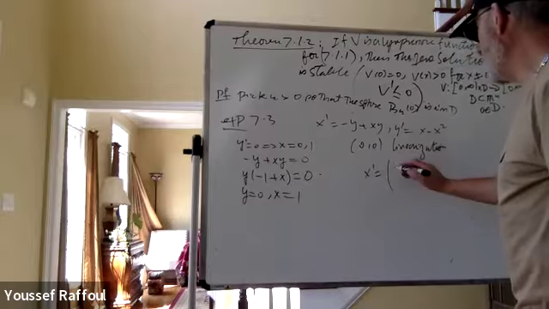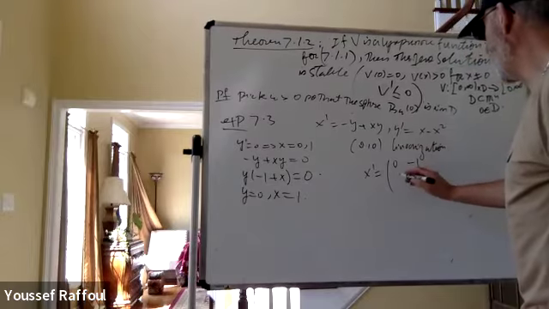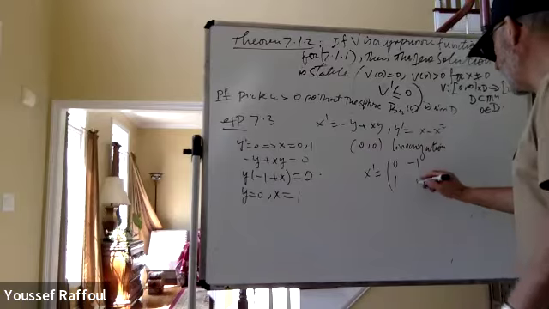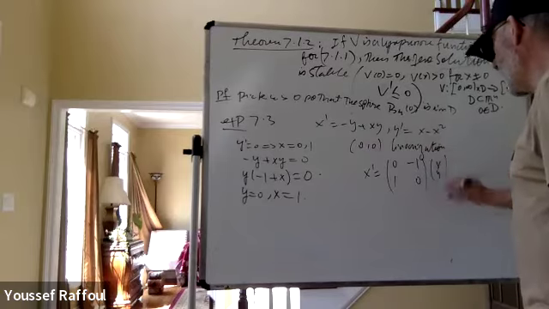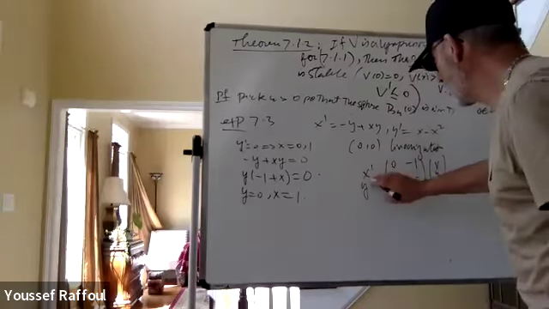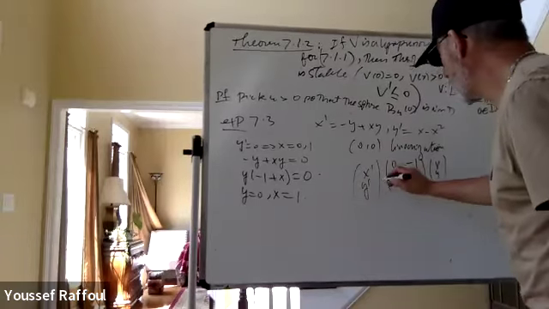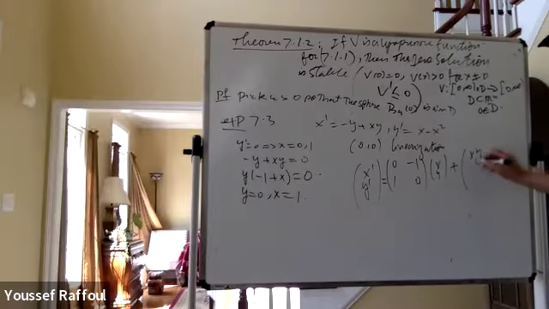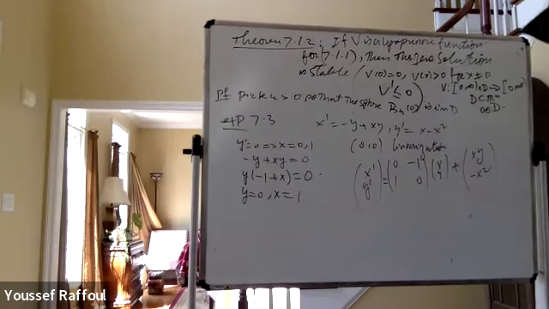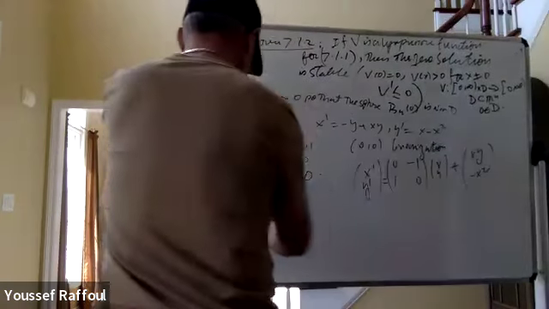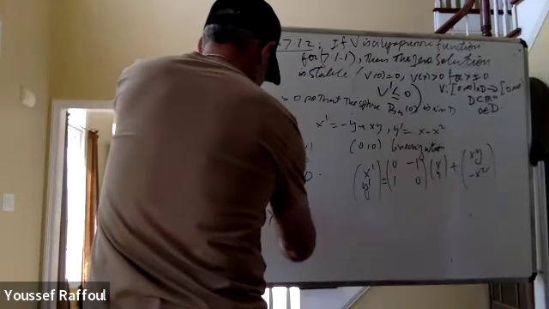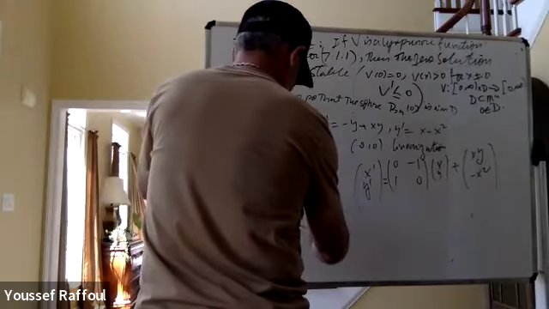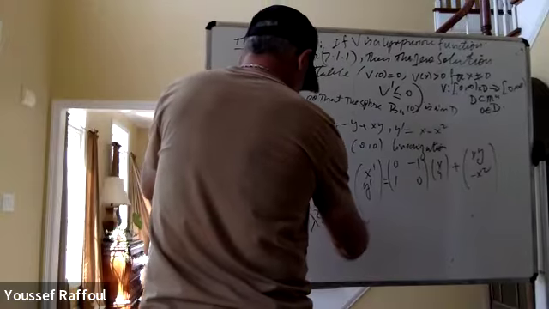So x prime is 0 minus 1, 1, 0, and the determinant of A minus lambda I gives lambda squared plus 1 equals 0.